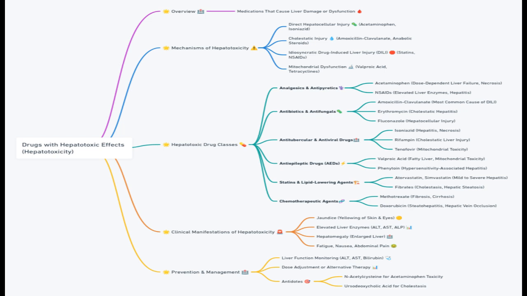These metabolites are extremely hepatotoxic, causing centrilobular hepatic necrosis, and the relatively high incidence of hepatic dysfunction associated with isoniazid has curtailed its prophylactic use. Alright, so that's it for drugs with hepatotoxic effects.